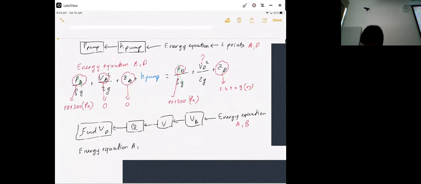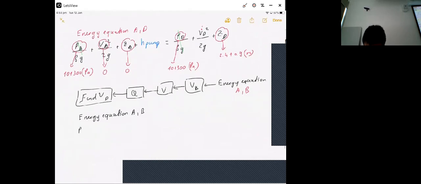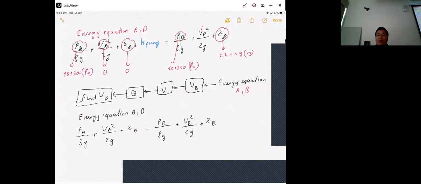So PA over rho g, plus VA squared over 2g, plus ZA, equal to PB over rho g, plus VB squared over 2g, plus ZB. Ideal flow, and between A and B we don't have pump or turbine.